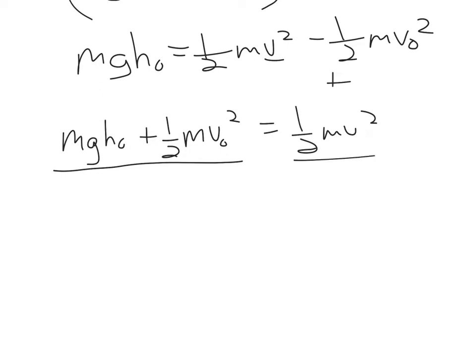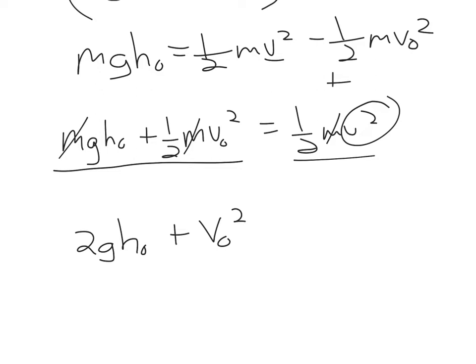And I could add plus mgh final, but we knew that mgh final was 0. So this is another way to say the law of conservation of energy. Mass doesn't matter. Good, we weren't given mass, so that will cancel. And then I want v, so I'm going to have to multiply by 2, it looks like, and square root. So I'm going to get the square root of 2gh naught plus v naught squared equals v.